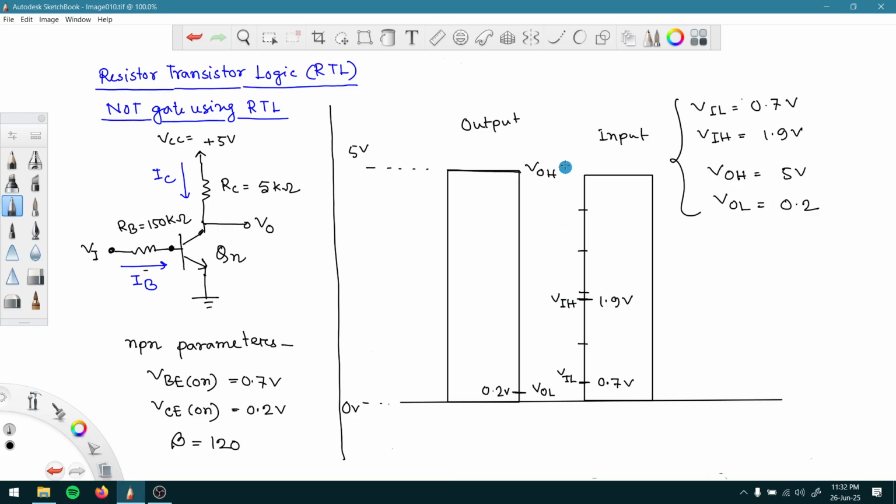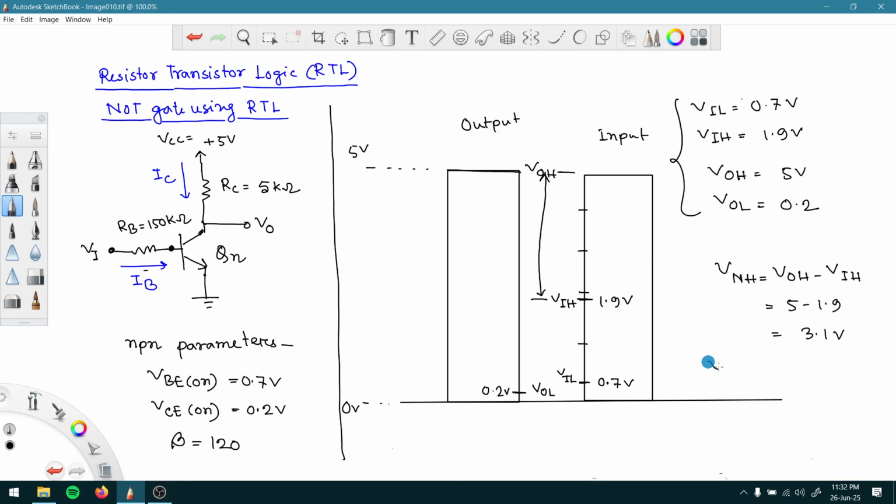So using this you can find out the noise margin as well. For the high case, the noise margin should be from here to here, right? The amount of voltage from here to here is the noise margin for high, or we can say VNH. VNH is equal to VOH minus VIH, or in our case 5 minus 1.9, which is equal to 3.1 volt, right?